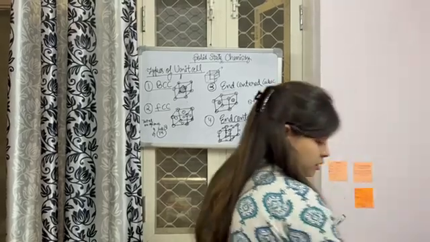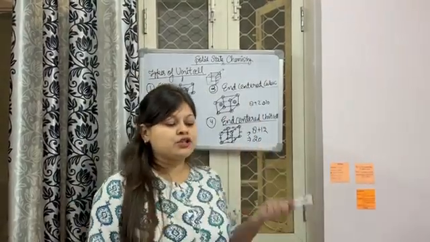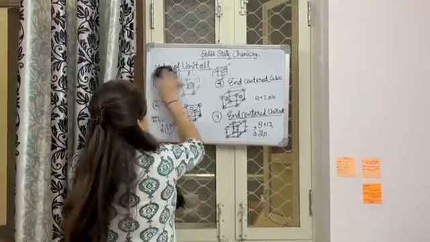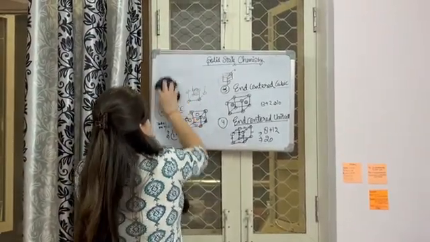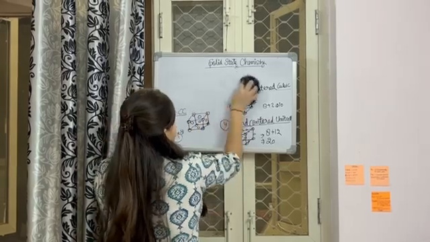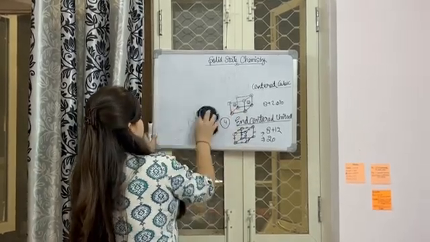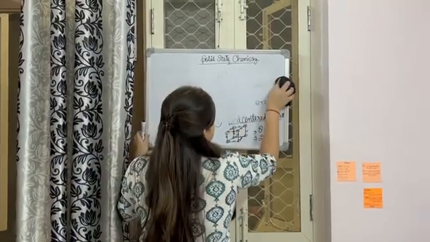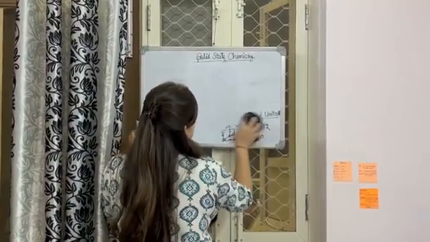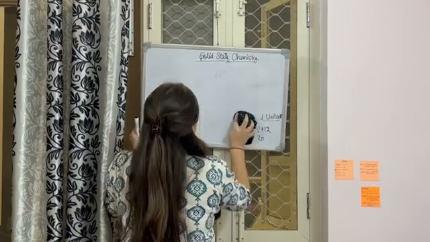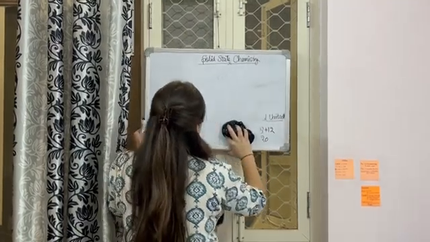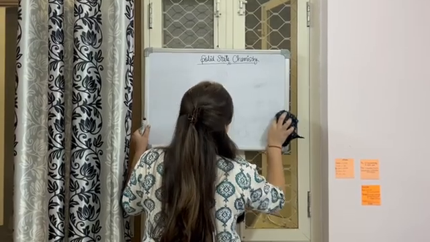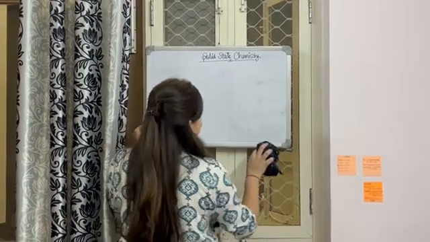Okay, now the last point is the classification on the basis of axial length and bond angle. It's a very good trick to learn it, and I'll discuss it.